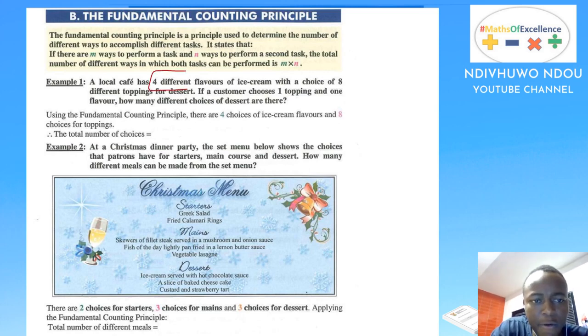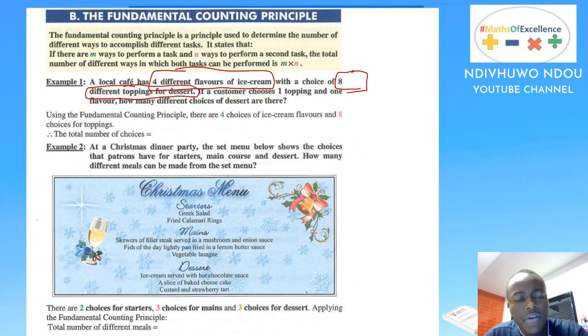So we have 4 different flavors of ice cream, don't forget, and we also have a choice of 8 different toppings, right? So from those ice creams, we can choose from 8 different toppings for dessert. If a customer chooses one topping and one flavor, how many different choices of dessert are there, right? This is a practical and very important first example in the counting principle.